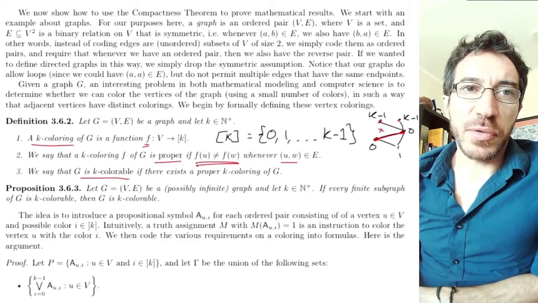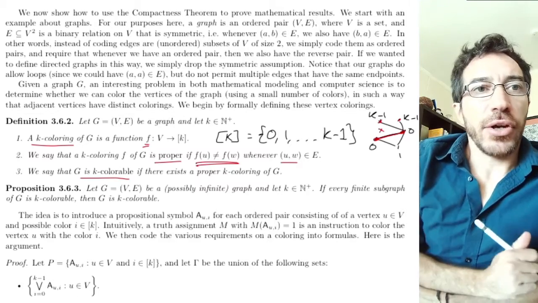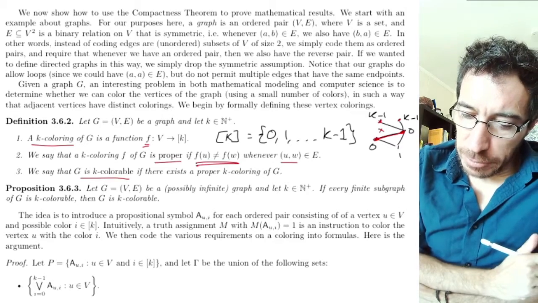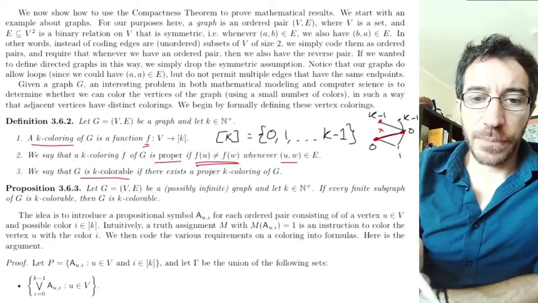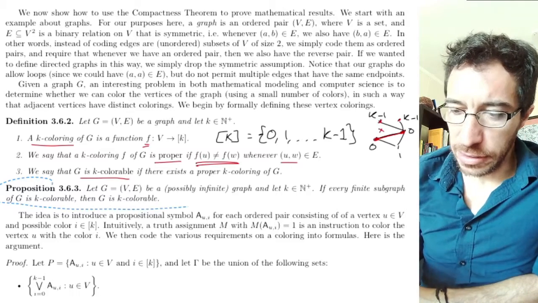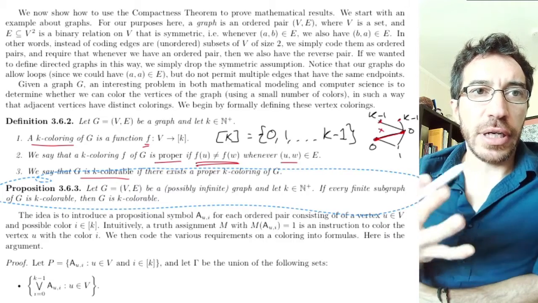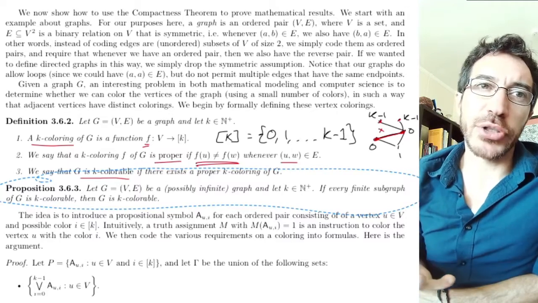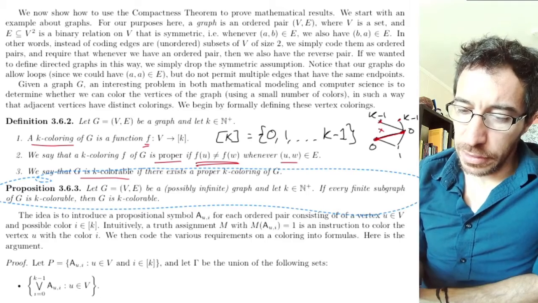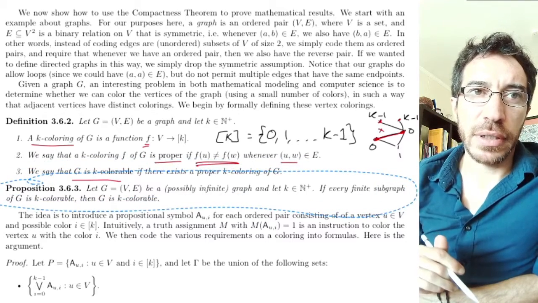It's an interesting question to figure out when you can do these k colorings. And the proposition that we're going to prove using compactness, this doesn't give you the full answer, but it's in this vein. It says if you have a graph which is possibly infinite, and that means the interesting case is when it's infinite.